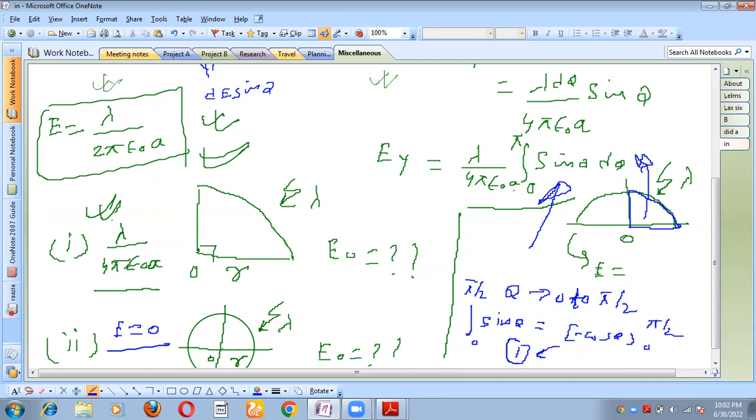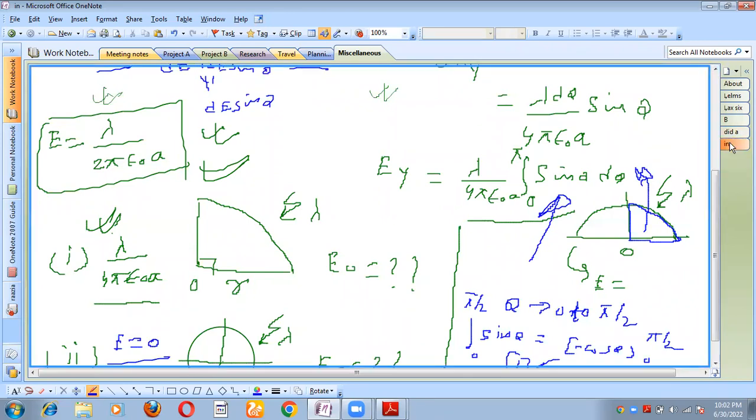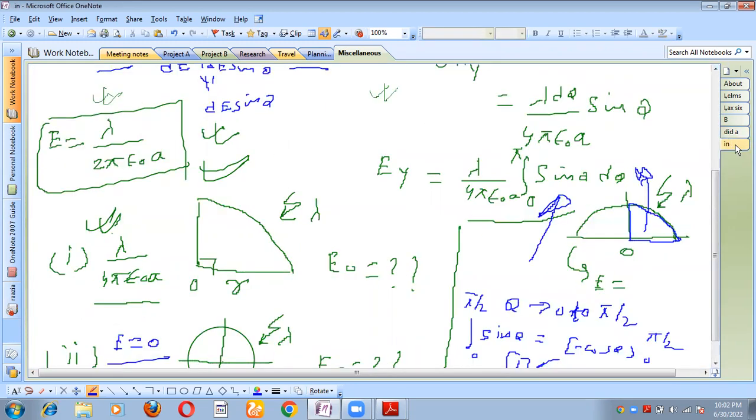And if you put that value, earlier you were getting 2 in the numerator, right? Now you are getting 1. So net will be 1 by 4 pi epsilon naught.